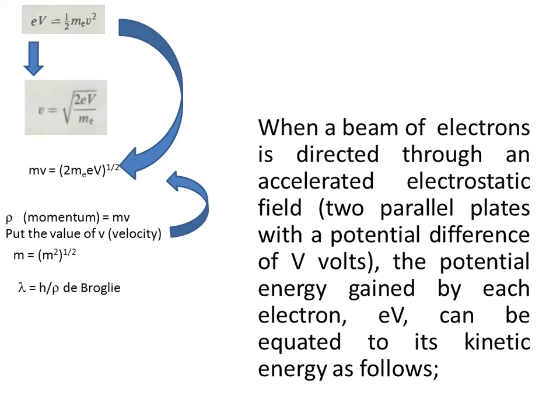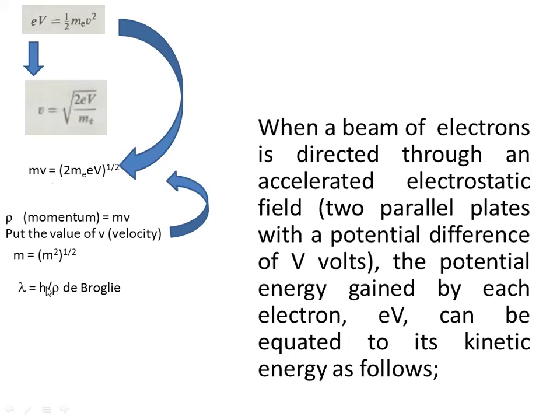So according to the de Broglie equation, I have calculated the momentum, which will be equal to this one. The de Broglie equation is lambda equals h over rho, which we have already derived, where rho is the momentum, as we have already mentioned.